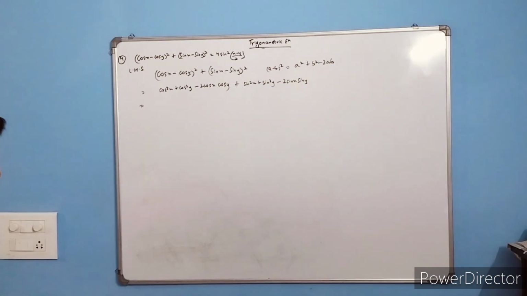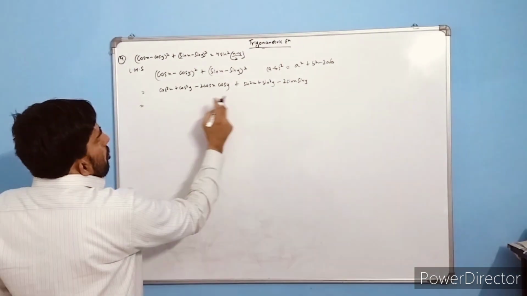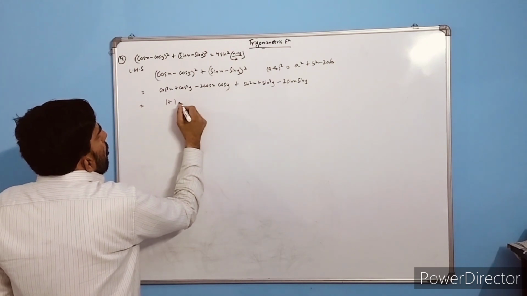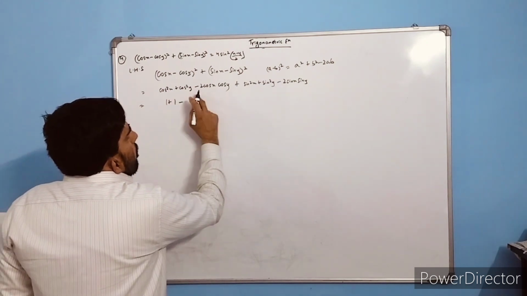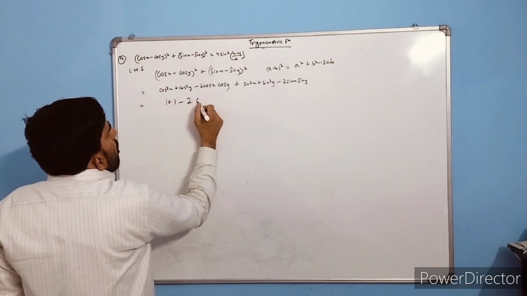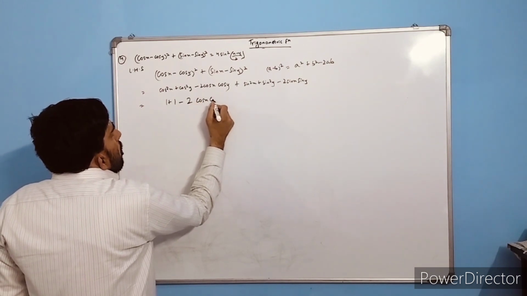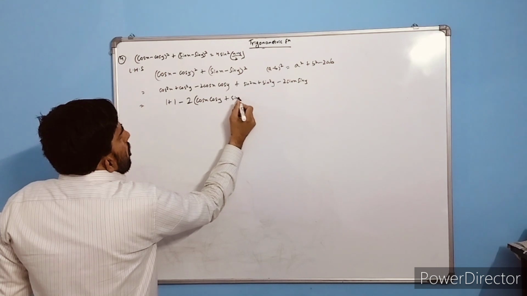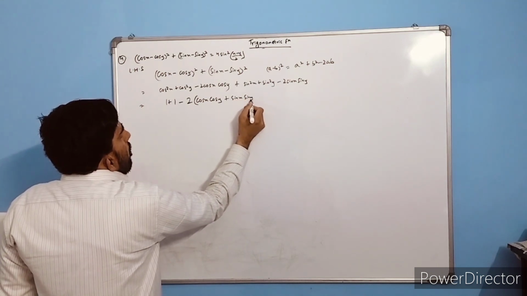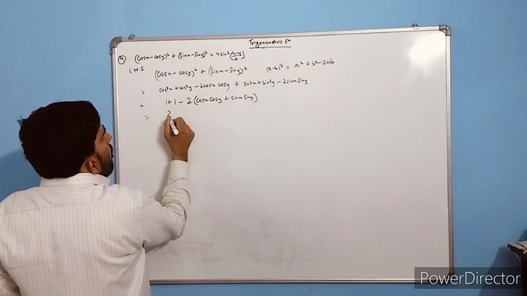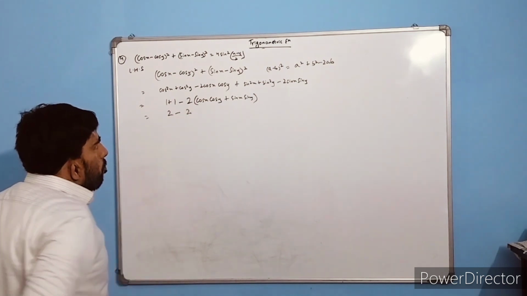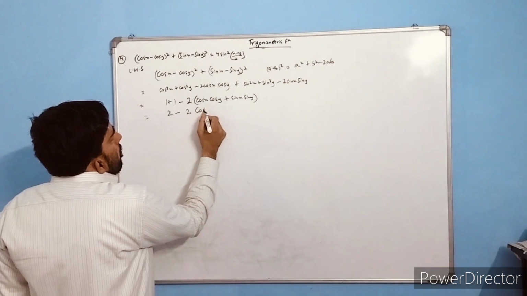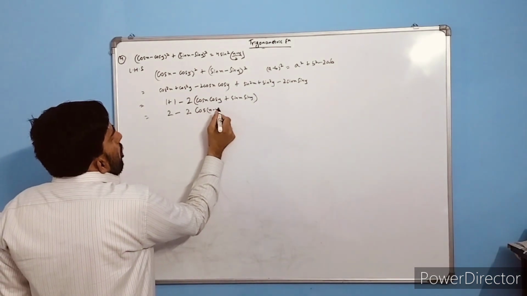Okay. Now see, cos square x plus sin square x is 1, cos square y plus sin square y is 1, minus. Now take 2 common here, so I got cos x cos y plus sin x sin y. So here 1 plus 1 is 2, 2 minus 2. Now here the identity will be cos (x minus y).